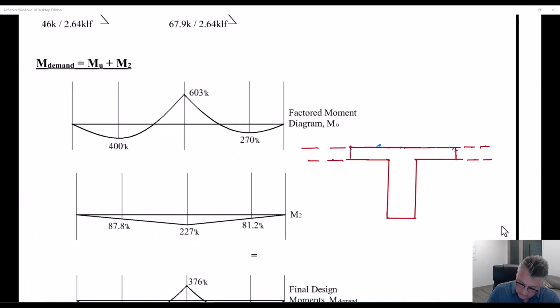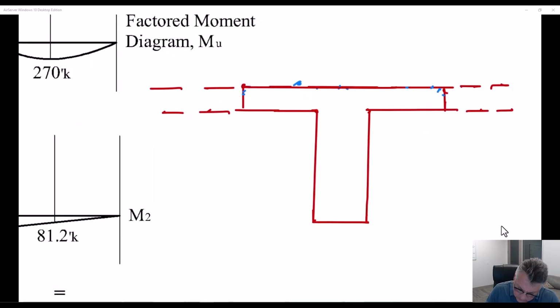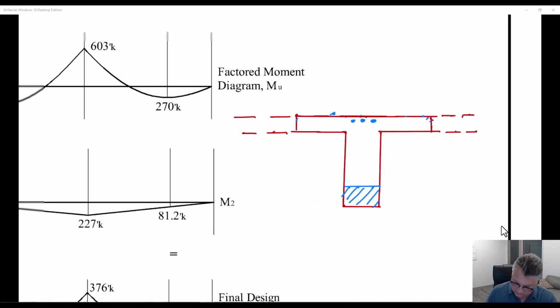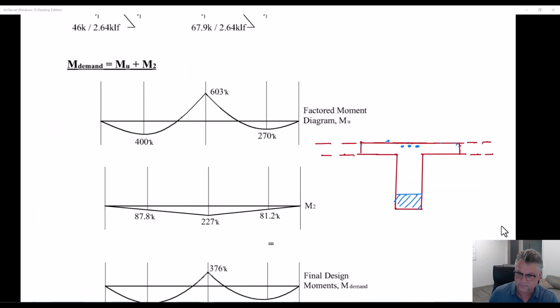So now we'll look at negative moments. Where we have negative moments, we have tension steel on the top and a compressive block down at the bottom somewhere, of a much skinnier compression face.